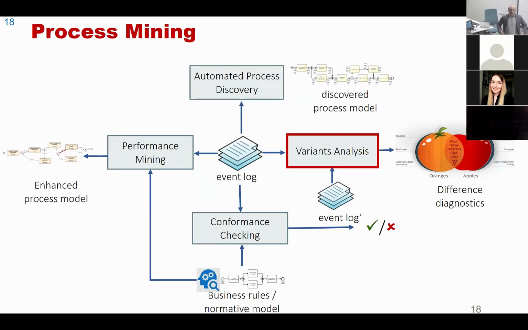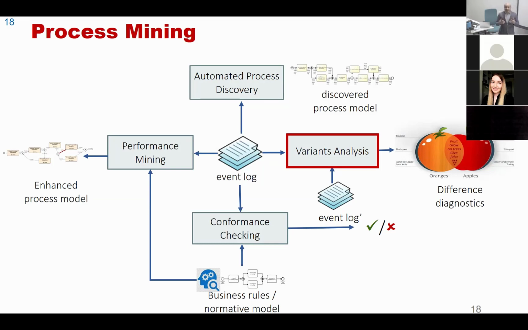So the manager will say, why is it that we are not complying? Maybe it's actually good. It means that the compliance rule is making people too ineffective, and they are looking for workarounds. So I want to see what is the impact of non-compliance, for example, on the performance of my process.